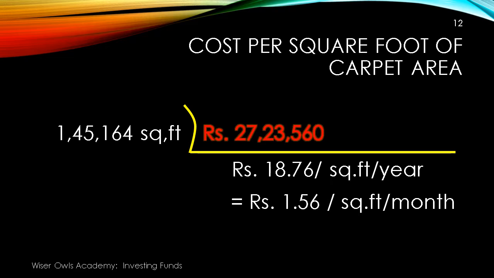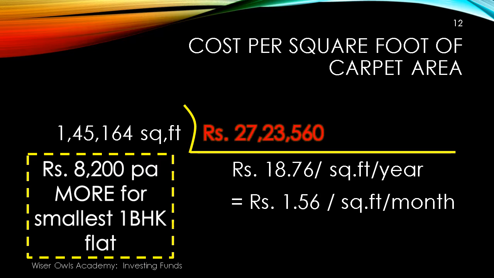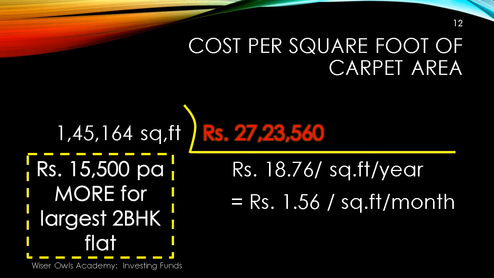If we are to translate that to the floor area of a flat, the smallest 1 BHK flat will end up paying 8,200 rupees extra every year. The biggest 2 BHK flat, which has an area of 833 square feet, will end up paying 15,500 rupees approximately every year.